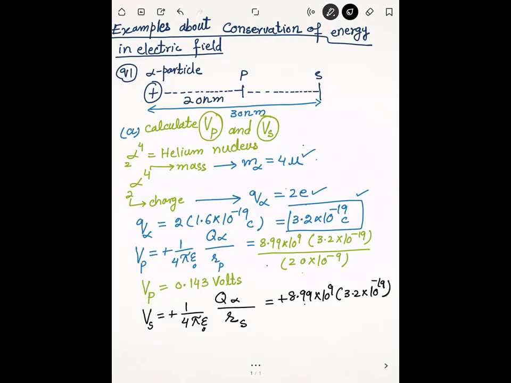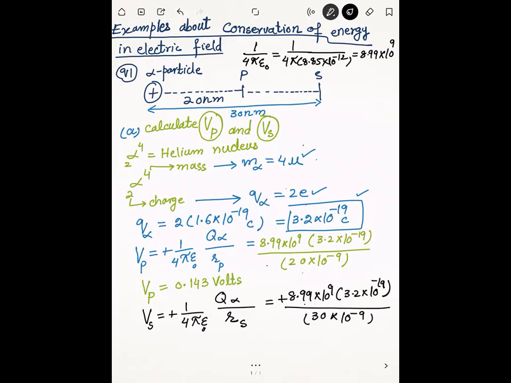This 8.99 is basically the value of the constant 1 over 4 pi epsilon naught. Epsilon naught is a constant given in the exam: 1 over 4 pi into 8.85 into 10 power minus 12. Calculated as a whole, it is 8.99 into 10 power 9, Coulomb's constant. Now divided by the distance of S from the alpha particle, 30 nanometers, which is 30 into 10 power minus 9.